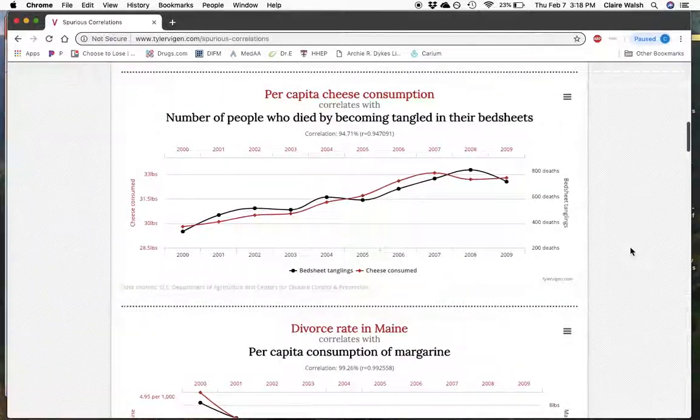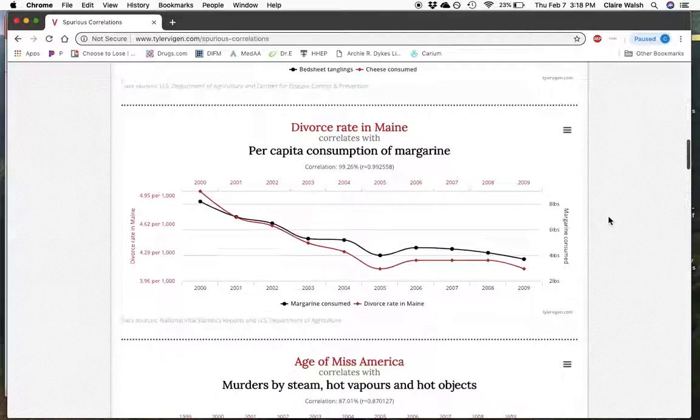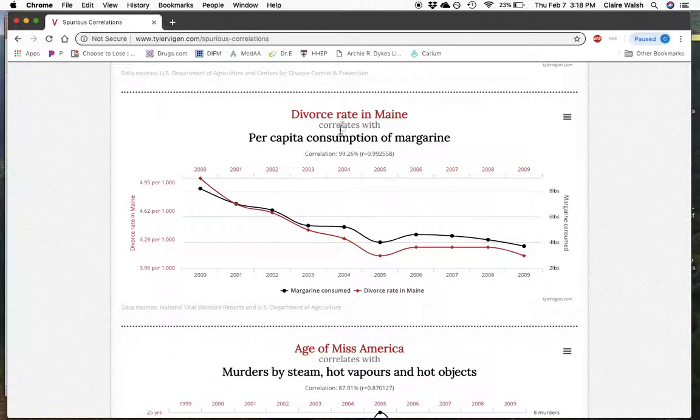Per capita cheese consumption correlates with number of people who died by becoming tangled in their bed sheets. Yeah, that probably has nothing to do with people becoming tangled in their bed sheets. But nonetheless, very similar. The divorce rate in Maine correlates with per capita consumption of margarine.